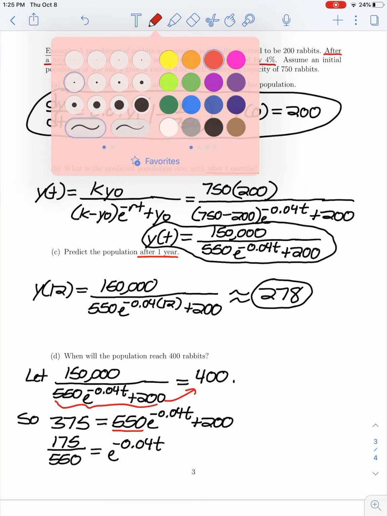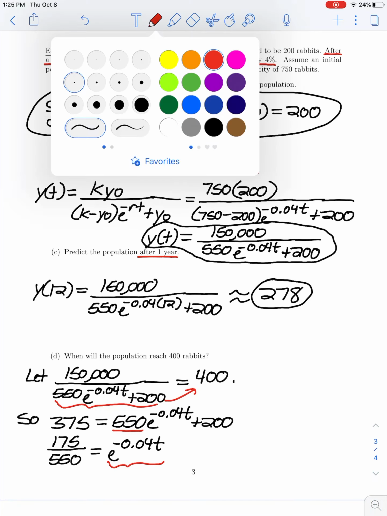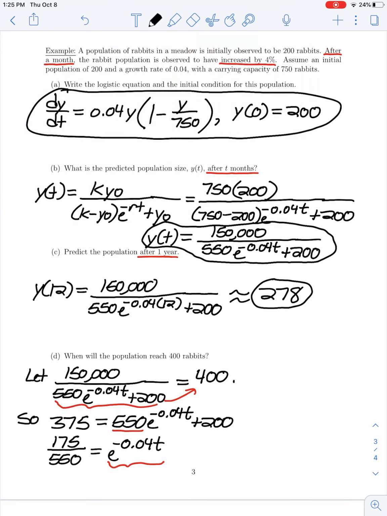And recall that e raised to a negative power is the same as 1 over e to that positive power. So my own preference when I'm solving here would be to first take the reciprocal of both sides of this equation. In other words, I would have 550 over 175 is equal to e to the positive 0.04t.